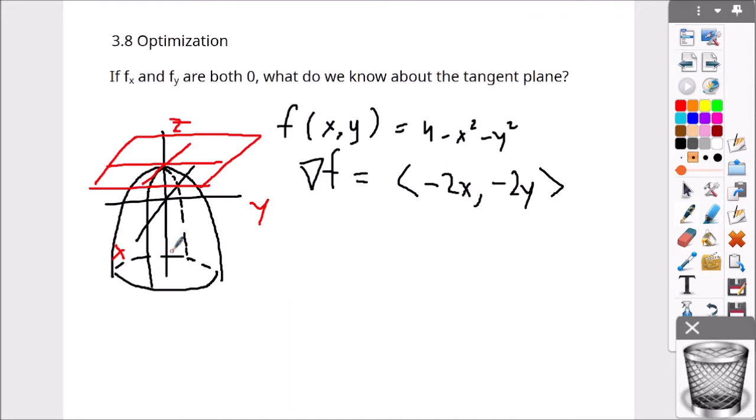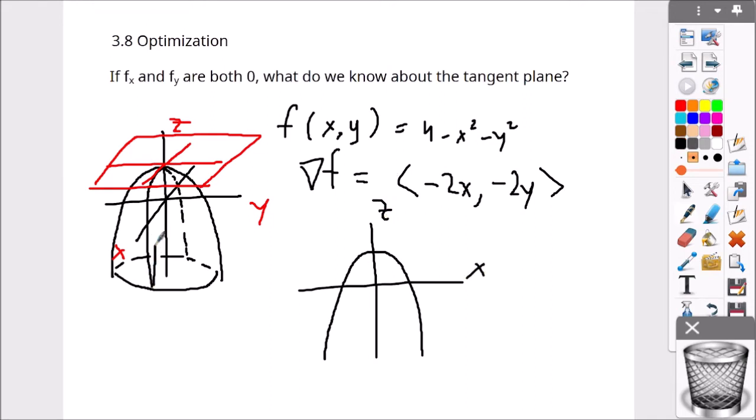Now, if you're maximized, what happens is your planar curves sliced by the x-axis. If you have an x-axis planar curve, what will you have? You will have x, z. The z-axis will be here, and then the x-axis will be right here.